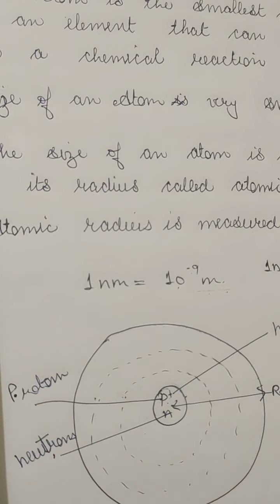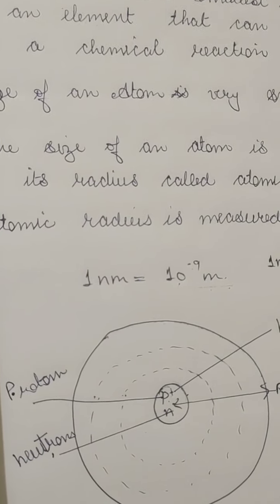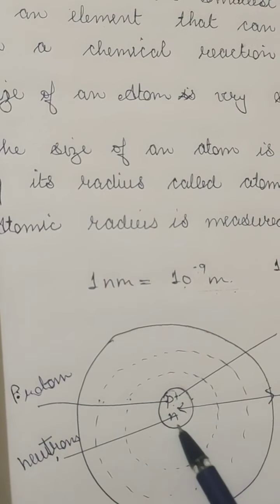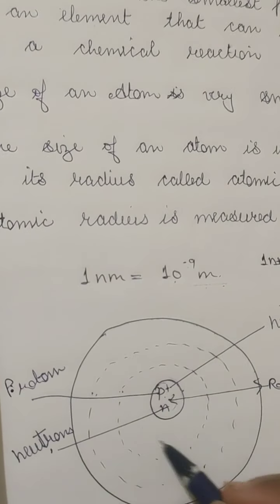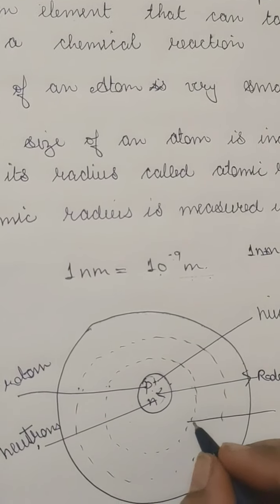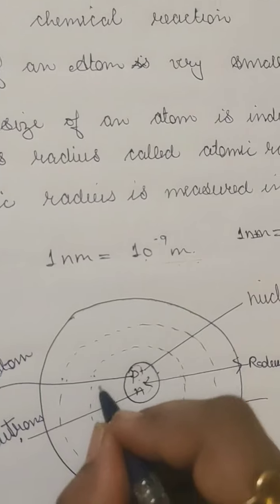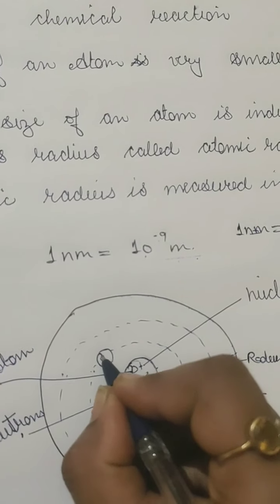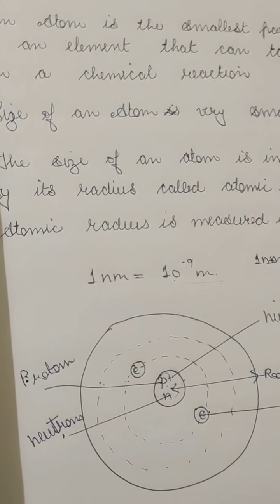That means the atom is not an indivisible particle. The atom still has something else inside it. Atoms have protons and neutrons, and this is called the nucleus. The atom also has one more section. So what are these rounds? These are the orbits, and here reside the electrons. We will be learning about the valence shell, valencies, and the number of electrons in the next chapter.